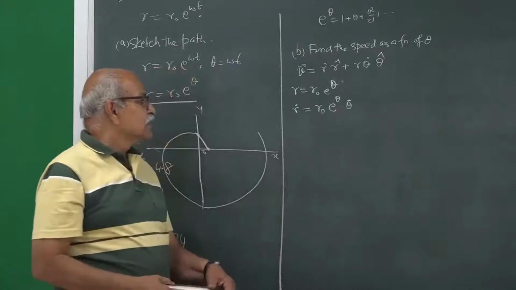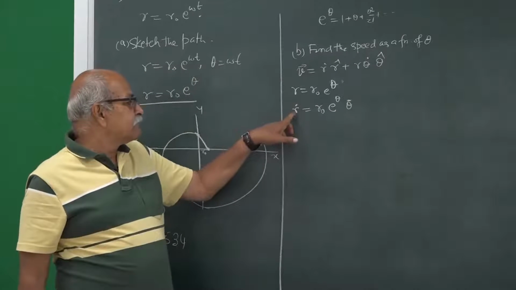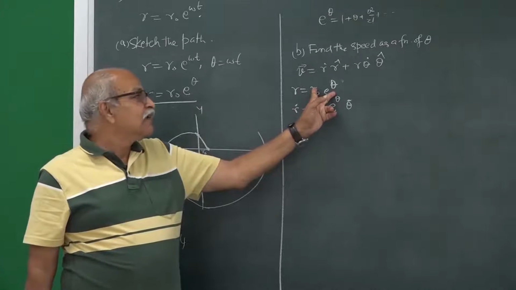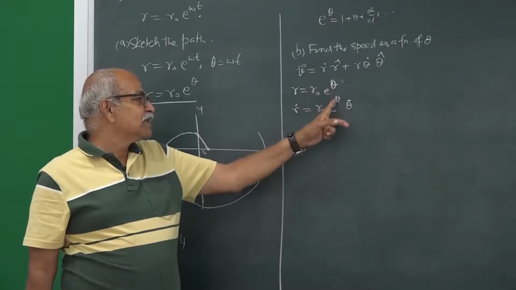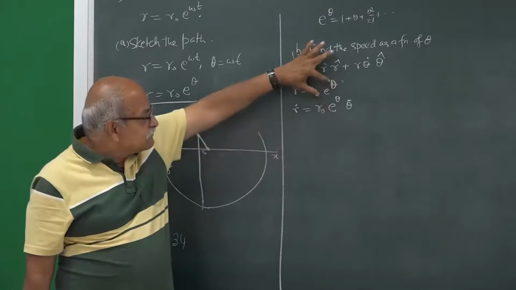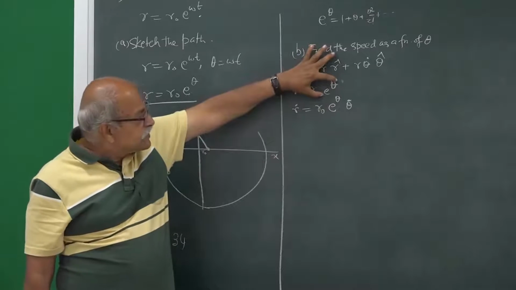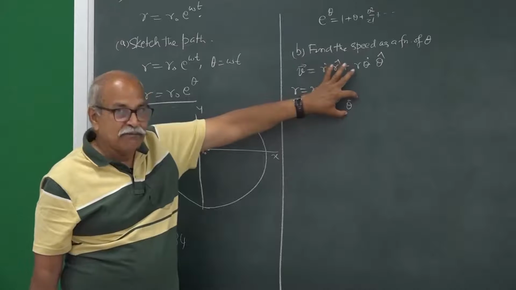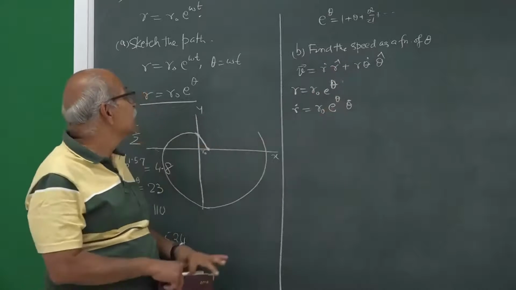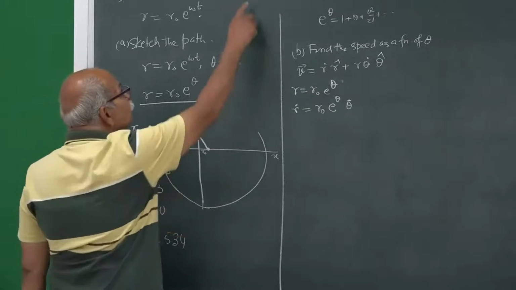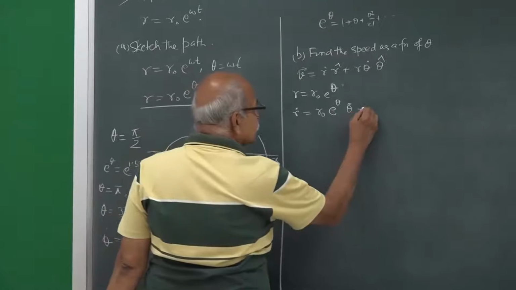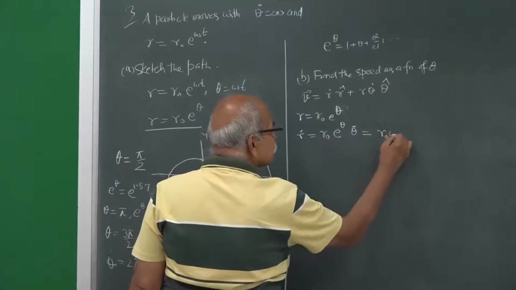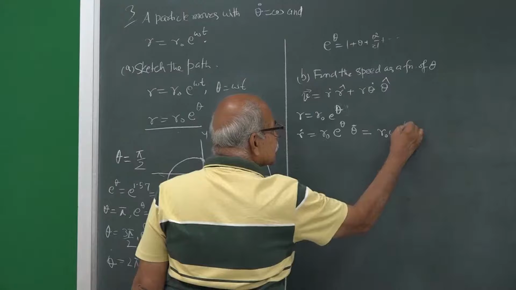What we have done is differentiate with respect to time. First differentiate with respect to theta, because it is written as a function of theta, and then differentiate theta with respect to time. Theta dot is known, theta dot is fixed, omega. So, this is r naught times omega times e to the power theta.